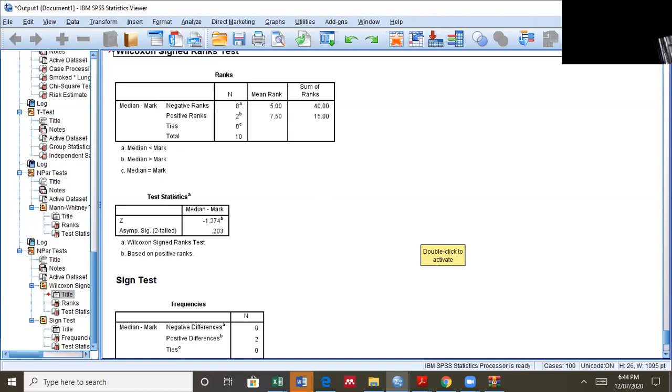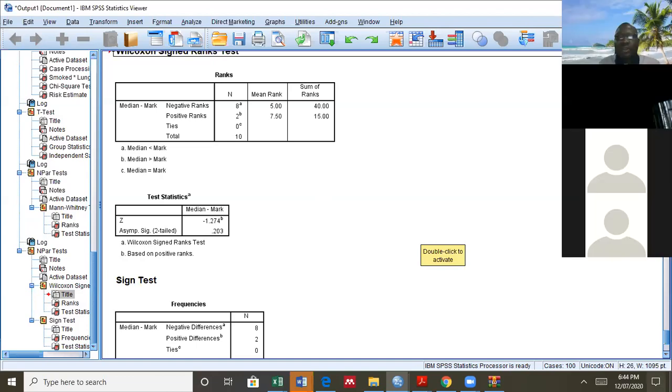Dr. Balogun, you can stop sharing. Okay, wait, before you stop sharing. Okay, I can see now. Which one is Z you are talking of? This seems to be the statistic. This is just a rank, but this one is the statistic giving the value for Z and the probability value. Okay, Z.